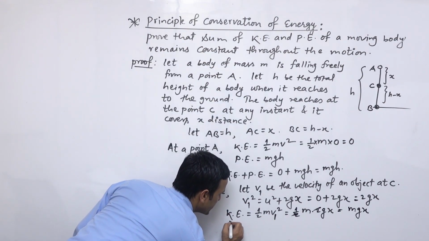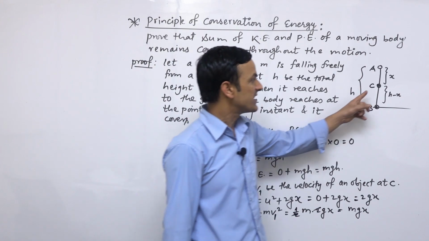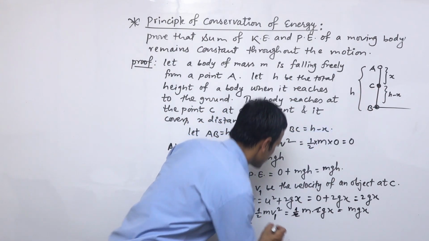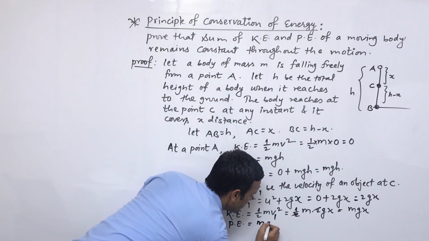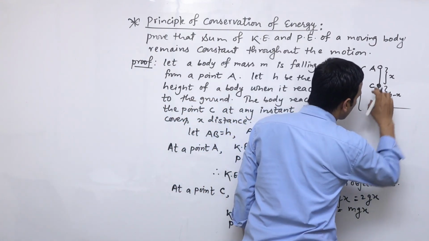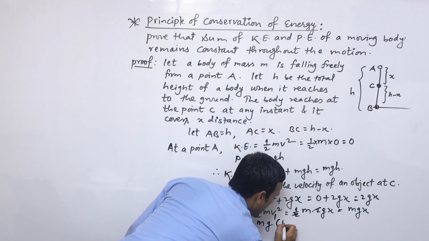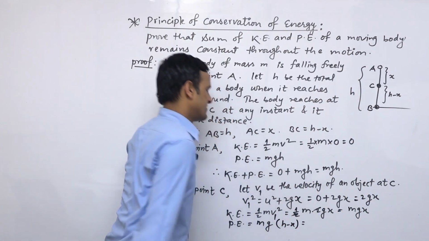And potential energy, we can also calculate the potential energy of the same object at point C. Now in this, mass is the same, gravity is the same, and the height, meaning how high the object is from the ground, is h minus x. So write down h minus x.